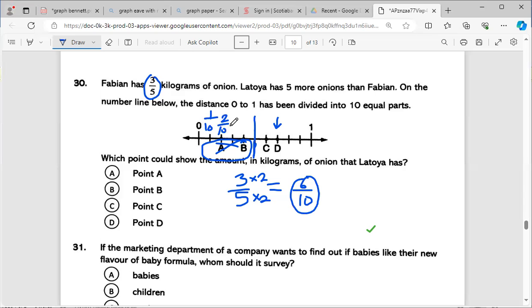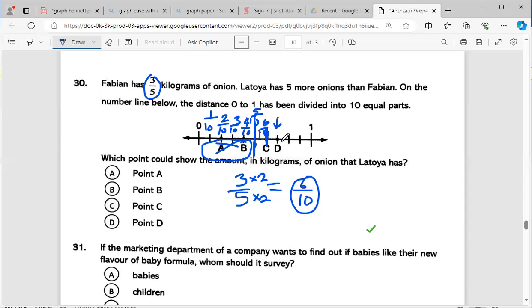And then 3/10, 4/10, and then half, of course, would be 5/10. So now C would be 6/10. Guess what? 6/10 is equivalent to 3/5. So that means this is Fabian's share, our onion weight.